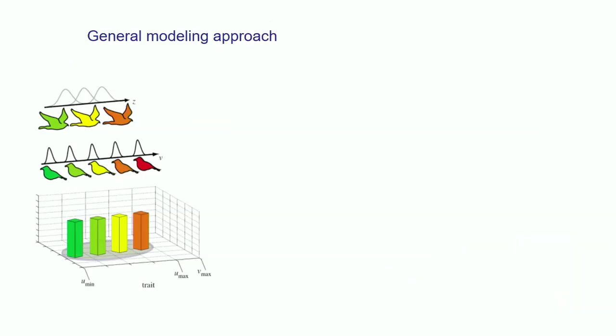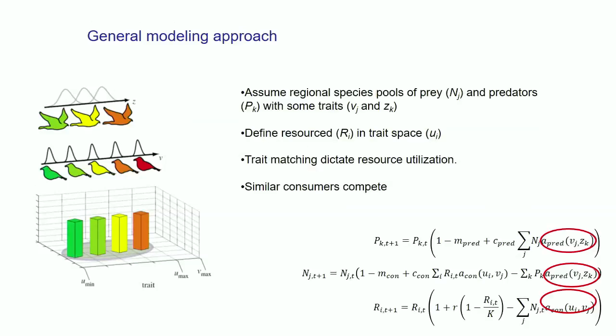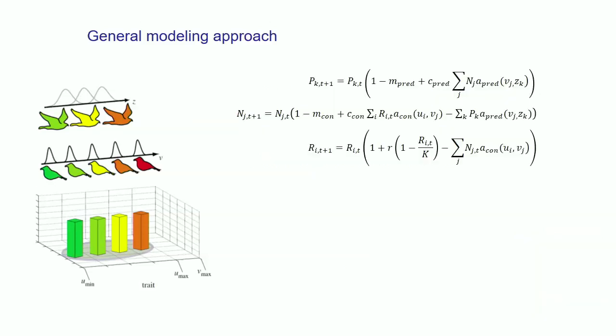Up here you should have seen the trait-based interactions being modeled by a function expanding on that Lotka-Volterra model.